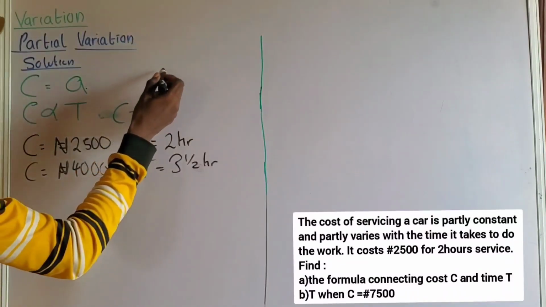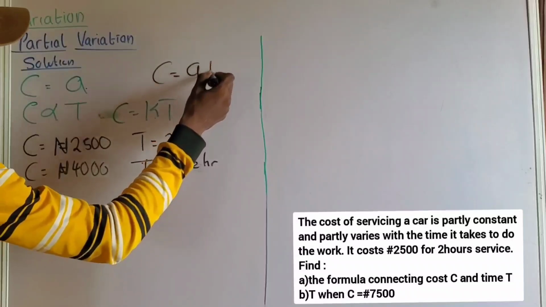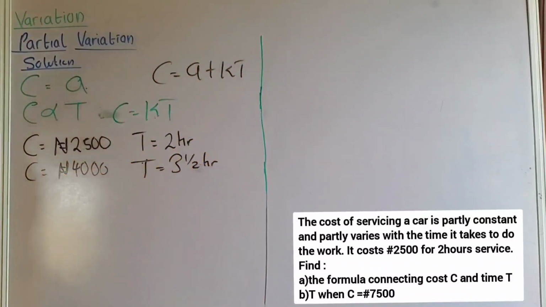So I'm going to have C equals A plus KT. If you didn't understand what you are doing in this class, that means you missed the previous class, so I admonish you to check the channel and watch those classes, okay? So C equals A plus KT.